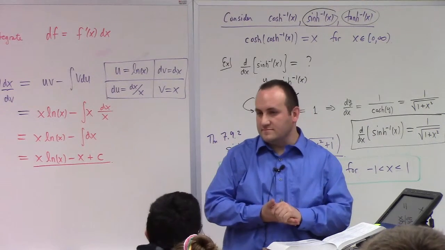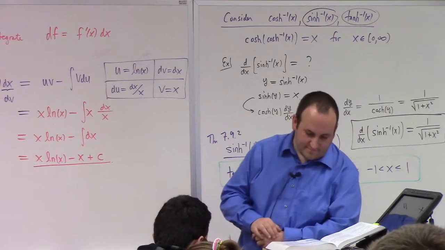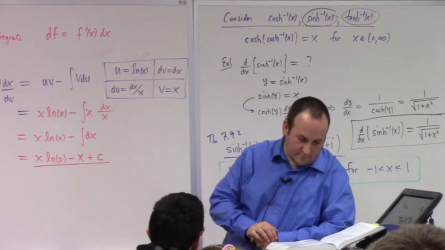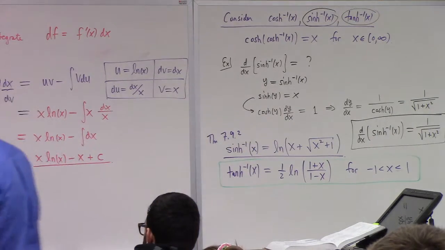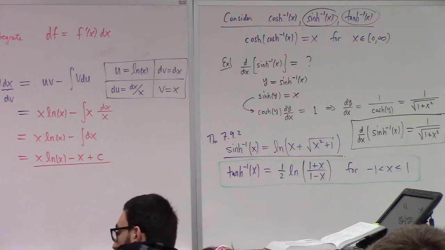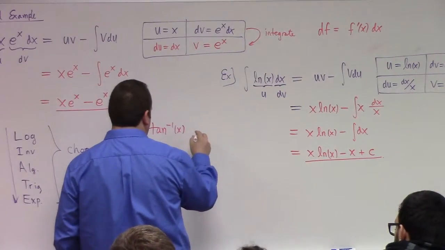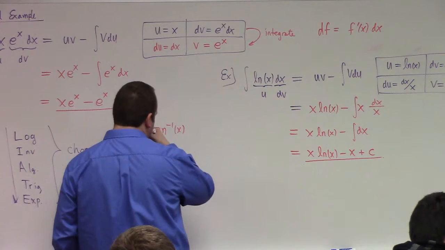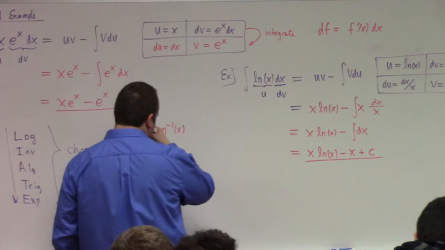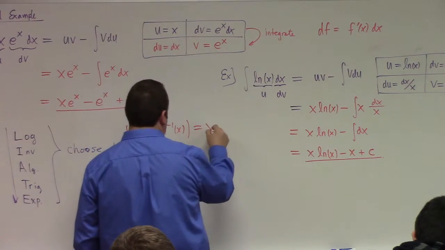I have a really stupid question. Go for it. What is inverse tangent of -1? Is that -3 pi over 4? Inverse tangent of -1. Well, inverse tangent of x is defined for what? Tangent of inverse tangent of x is equal to x for what?